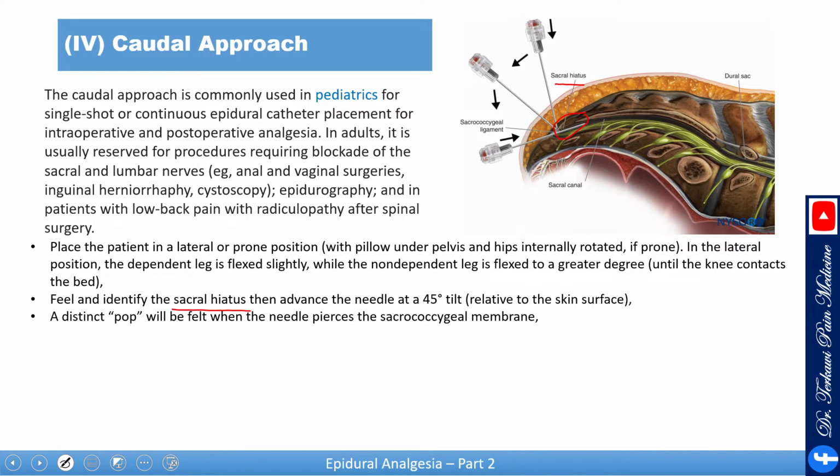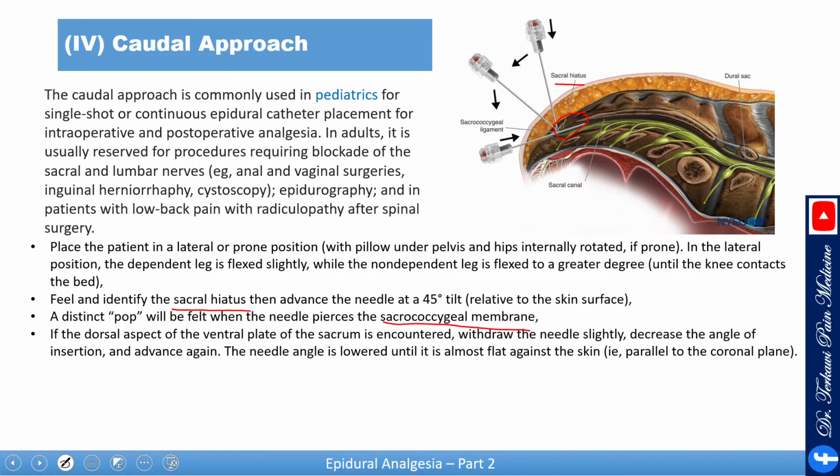Then a distinct pop you will feel when the needle pierces the sacrococcygeal membrane. If the dorsal aspect of the ventral plate of the sacrum is encountered, withdraw the needle slightly, decrease the angle of insertion, and advance again. The needle angle is lowered until it is almost flat against the skin, parallel to the coronal plane.